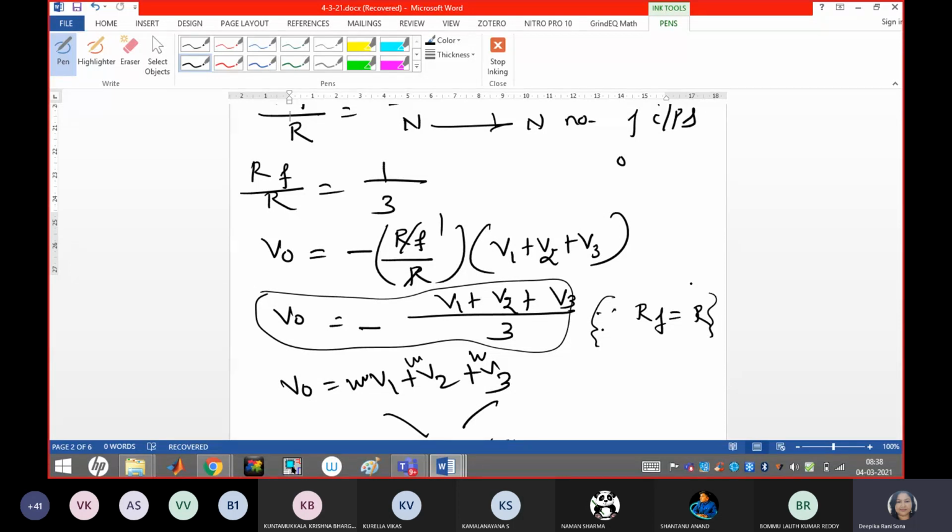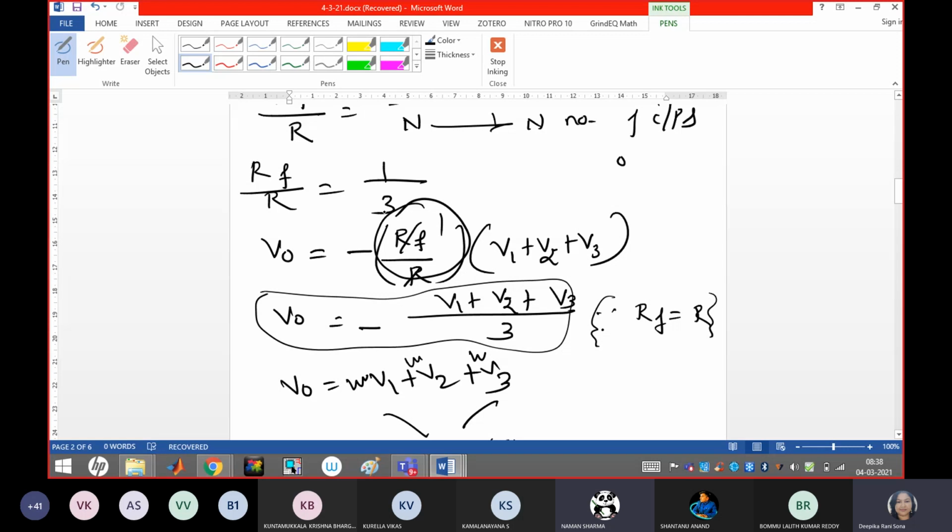If you write the gain in terms of this, suppose all Rf and R are equal, how do you write at that time? Can anybody say what should be the average equation at that time? If all the available resistances are equal in the circuit, what should be the V0 equation?